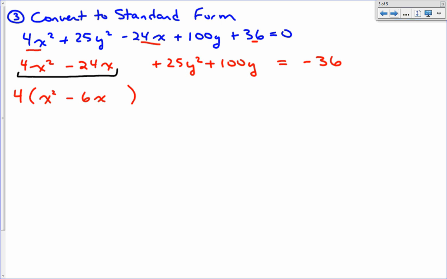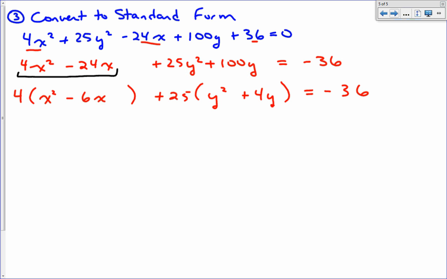Likewise with the y's, I'm going to do the same thing. So I'm going to factor out 25 from both of those terms. So that's 25 times y squared plus 4y equals negative 36. Okay? At any point, you should be able to reverse your operations and get back to the line before. So you can always check that what you're doing is still legal.